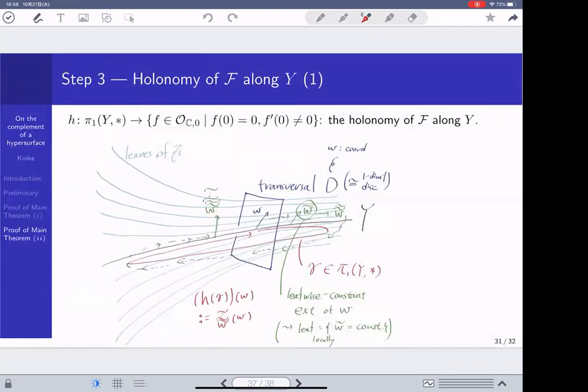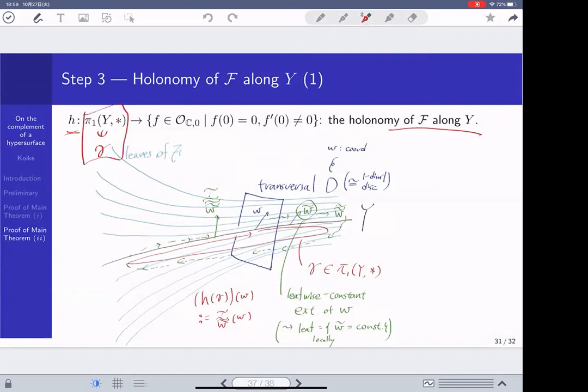Step 3, holonomy of F along Y. Let H be a holonomy of F along Y. I think I should shortly explain what holonomy is. Here's Y embedded in X. And take an element gamma of the fundamental group.